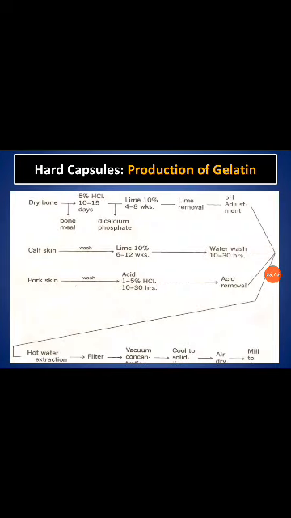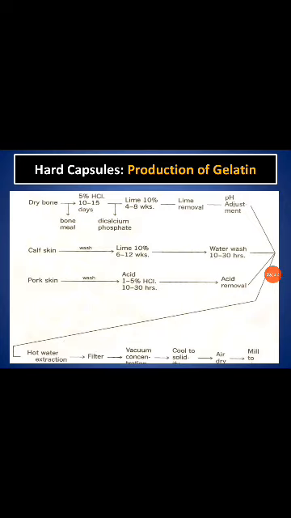So this is how the gelatin solution is manufactured. That is the initial material for the preparation of an empty capsule. So the sources are skin and bone.